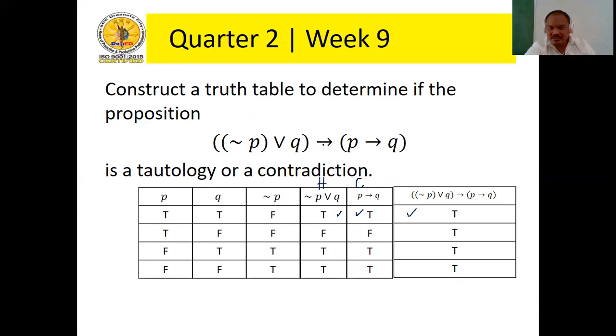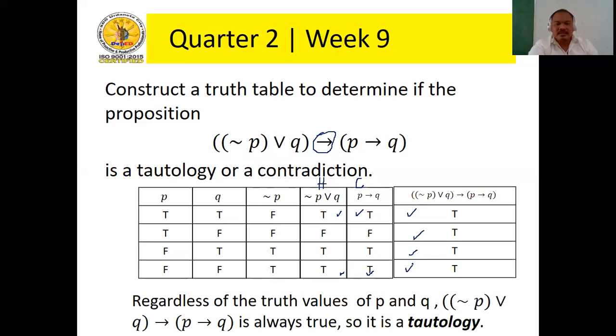Then the operation is this one. Therefore, this will become false. Both of them are true. So we have the true column. Next, regardless of the truth values of P and Q, the given compound proposition is always true, so we can consider now that the compound proposition is an example of tautology.